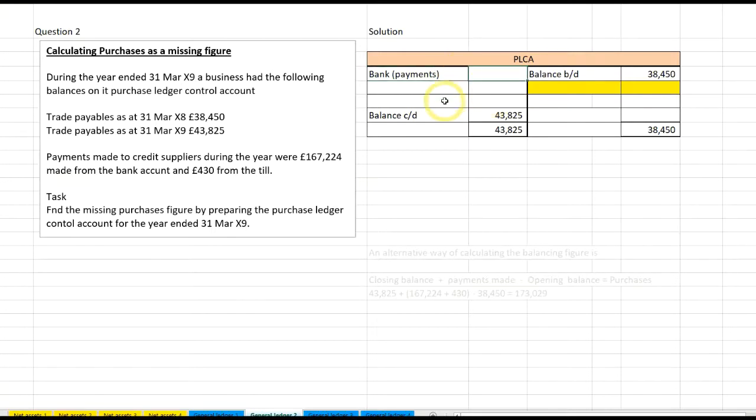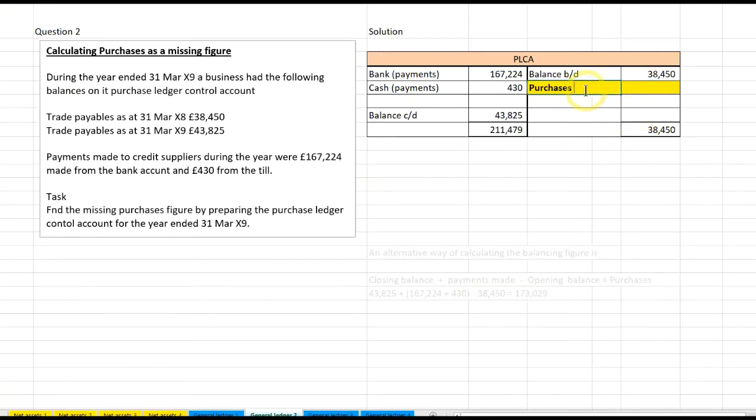We also have payments from the cash account as well. I'll just put the word payments in just for completeness. The missing figure that I've highlighted is going to be our purchases figure.